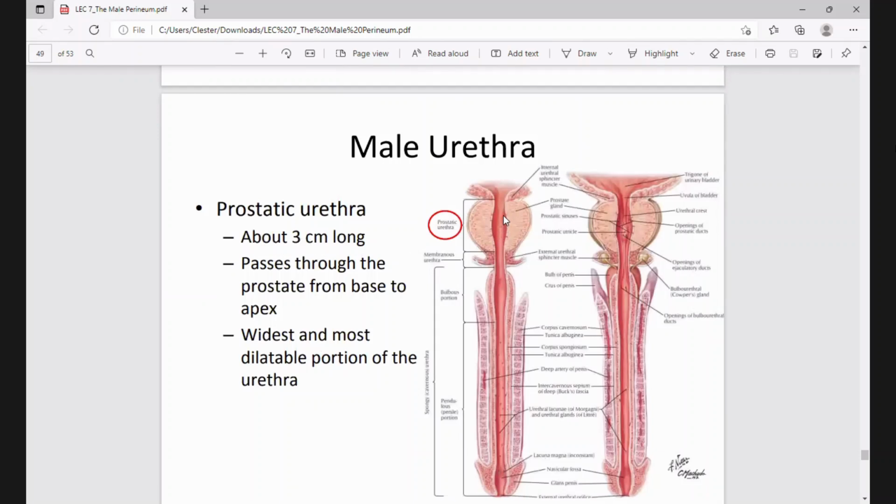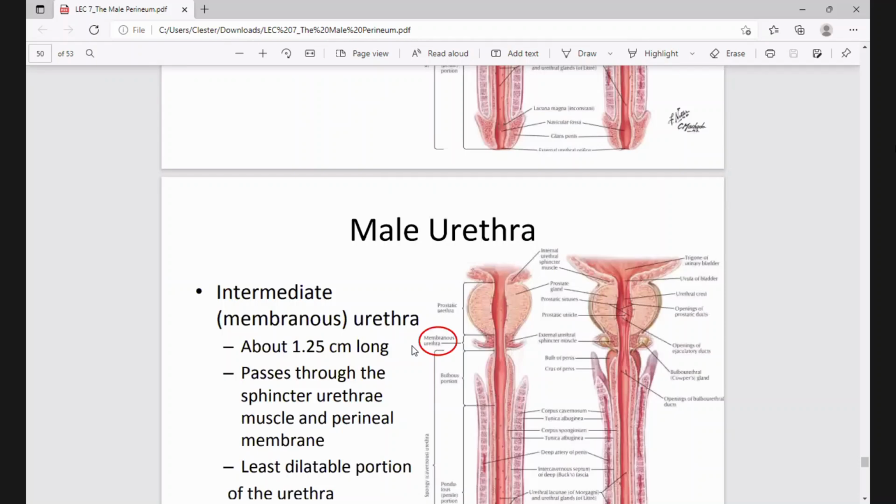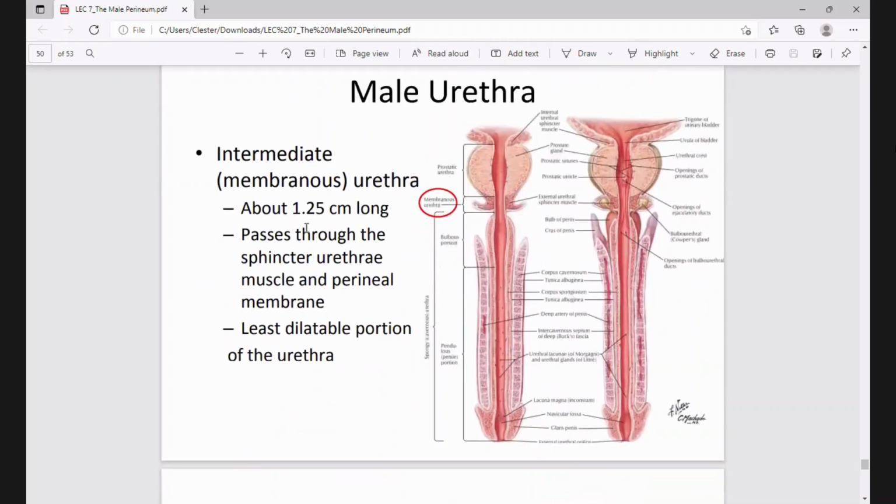The prostatic urethra is about 3 centimeters long, and that's where you find the openings of the prostate gland. The membranous urethra is only a short 1.5 centimeters long, and it's found at the level of the external urethral sphincter. And you know that the external urethral sphincter is found in the deep pouch.